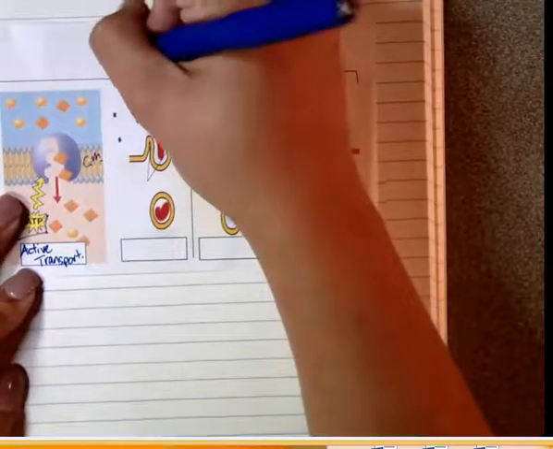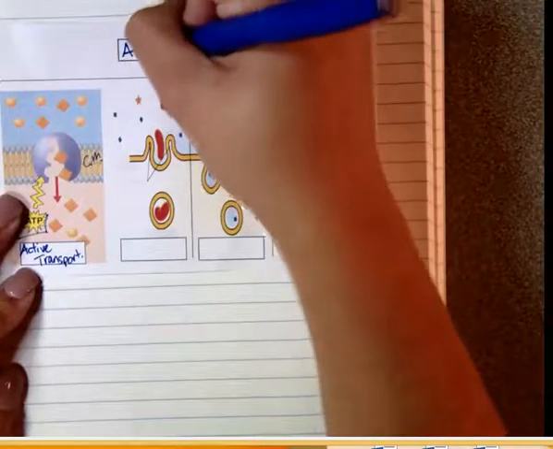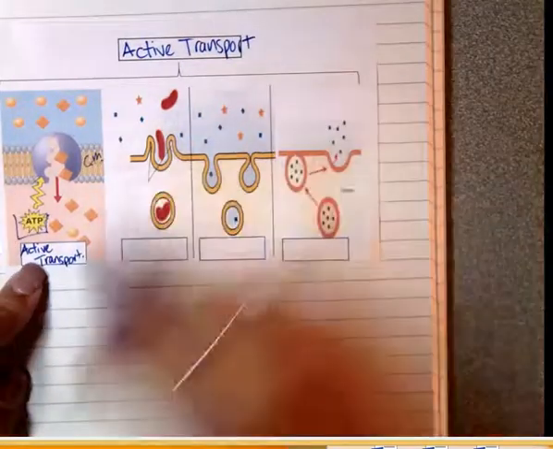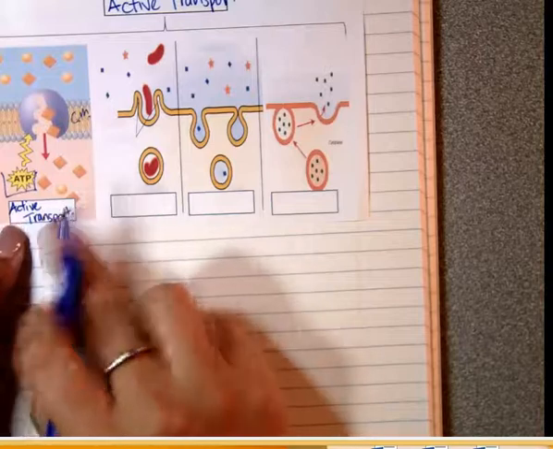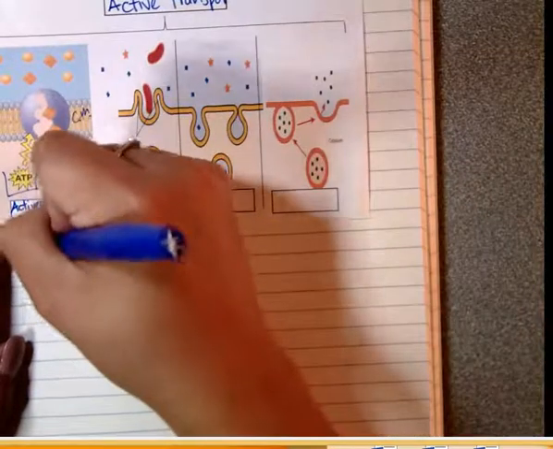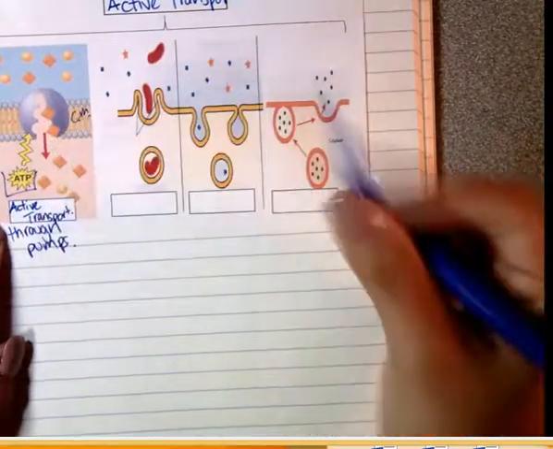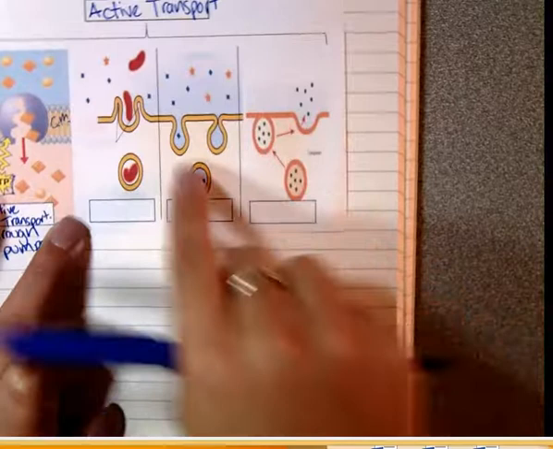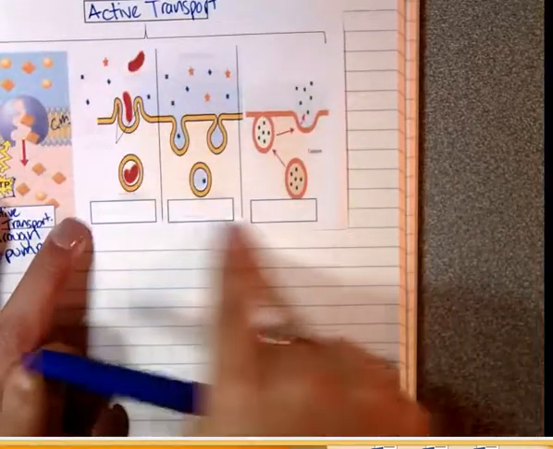This entire category is active transport. If you wanted to be a little more specific, you would say that this is active transport through pumps. Okay, so these last three images are the movement of vesicles.